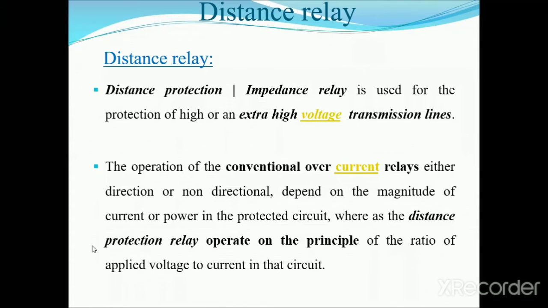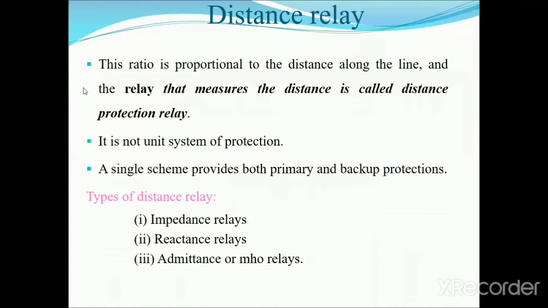Whereas distance protection relays operate on the principle of the ratio of applied voltage to current. Impedance is the ratio of voltage to current. That's why the impedance relay is also called the distance relay. The ratio is proportional to the distance along the line.